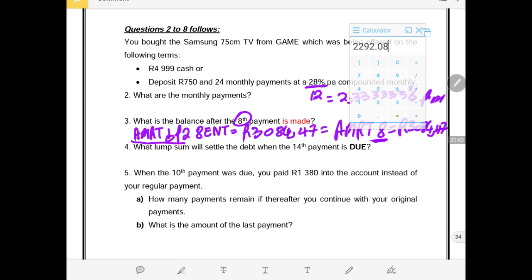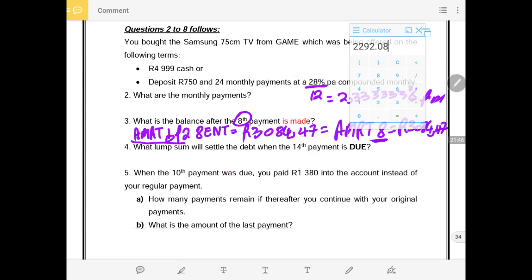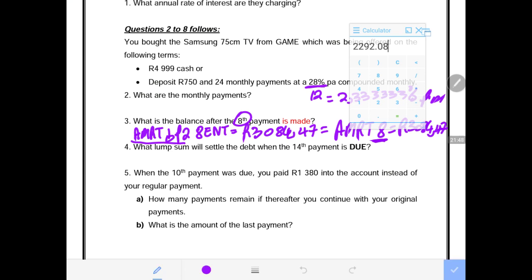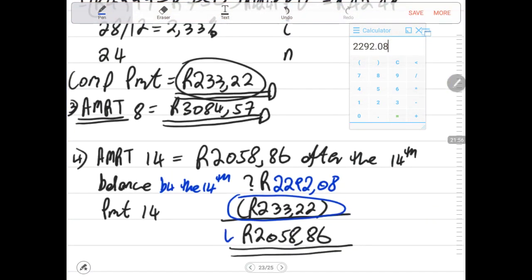That means if we want to pay on the 14th payment and pay the whole amount, how much will be due before we make that 14th payment, when the 14th payment is due? So now that is why we say the balance before the 14th payment is made, or when the 14th payment is due, is 2,292 rand 8 cents. So now that will be the response directly to the question.